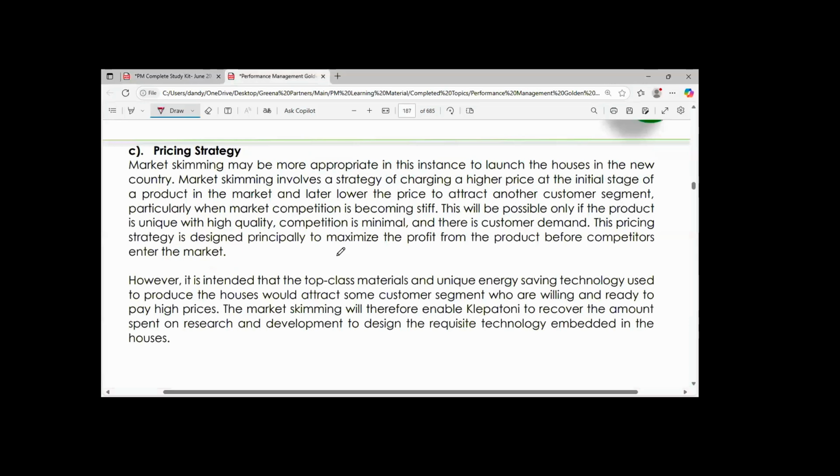Of course, it has to be market skimming. Market skimming is more appropriate to price this kind of innovative technology that the company intends to launch in the new country. Market skimming involves charging a higher price at the initial stage of a product in the market and later lowering the price to attract other customer segments. That is what the Clepatoni Limited management should use.